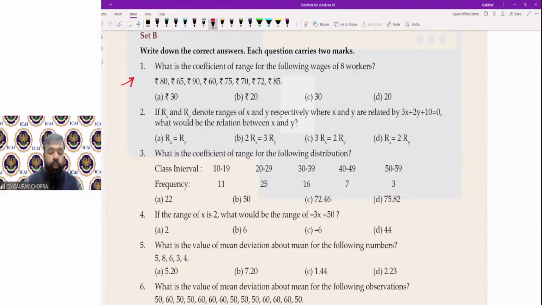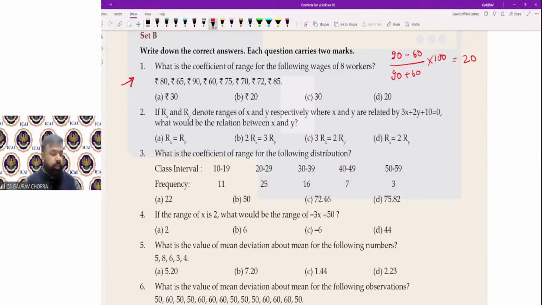So highest value 90 minus lowest value 60 upon 90 plus 60 into 100. So 30 upon 150 into 100. So which option should be selected?